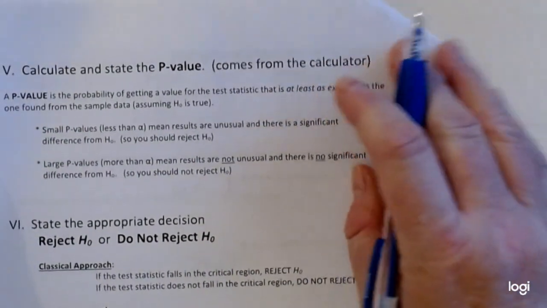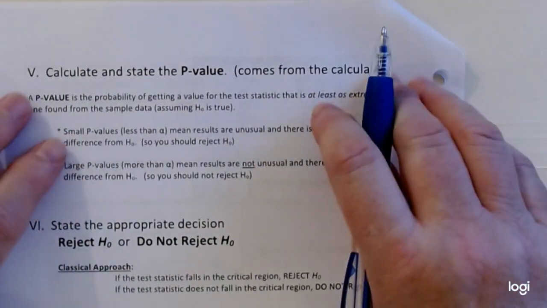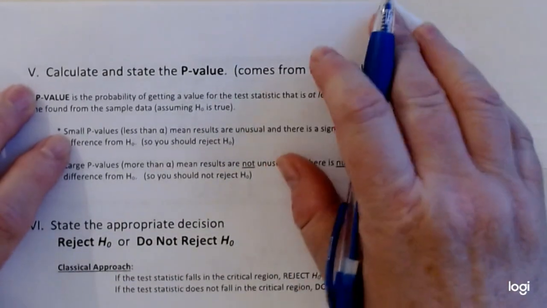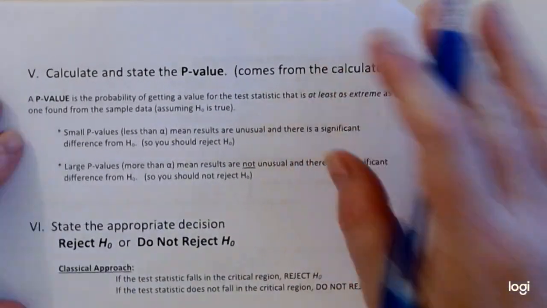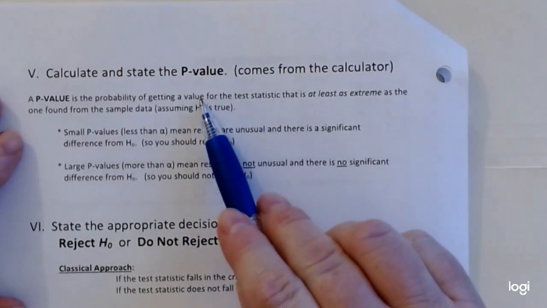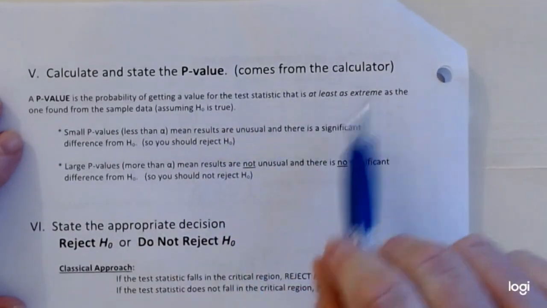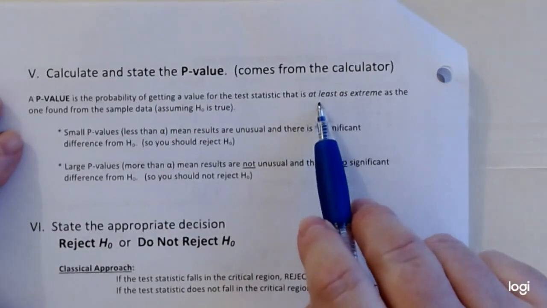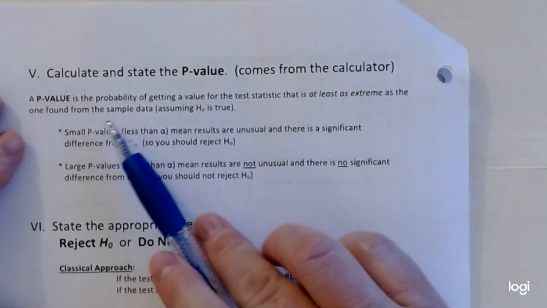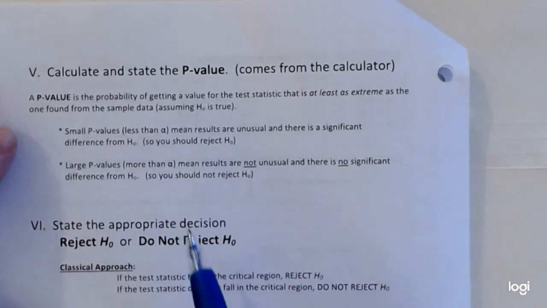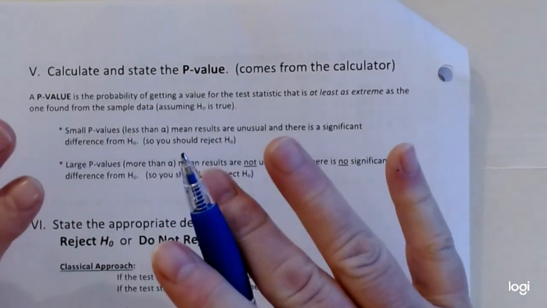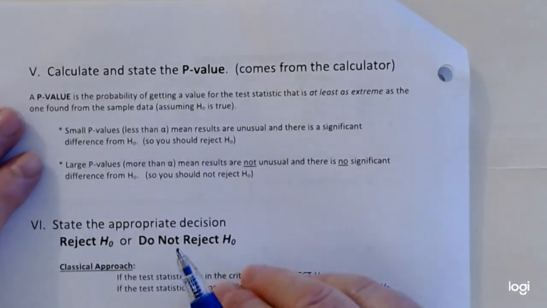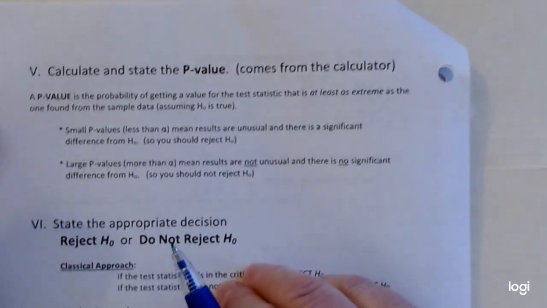The p-value, this comes from the calculator as well, and this is actually the method we're going to use to perform the test. So the p-value is the probability of getting a value for the test statistic that is at least as extreme as the one found in the sample data. So in other words, when you have your data and you put it into the calculator, it determines what is the probability.